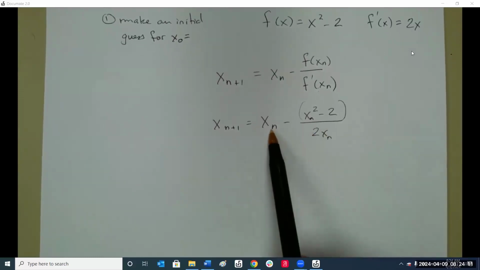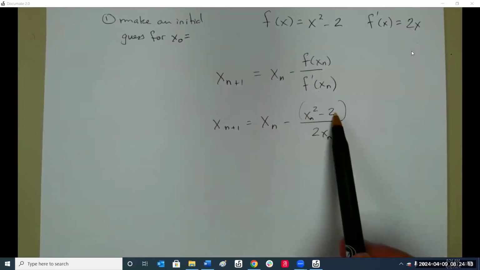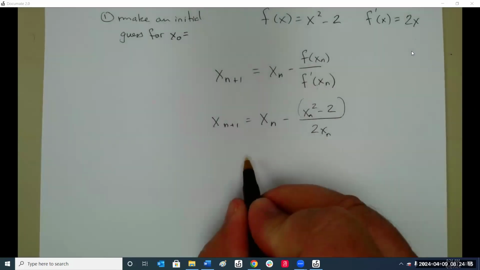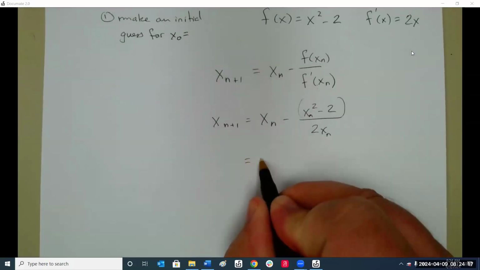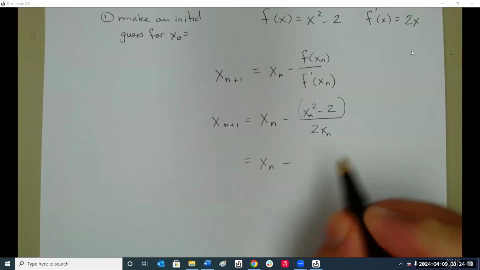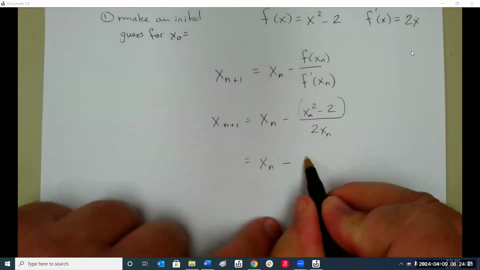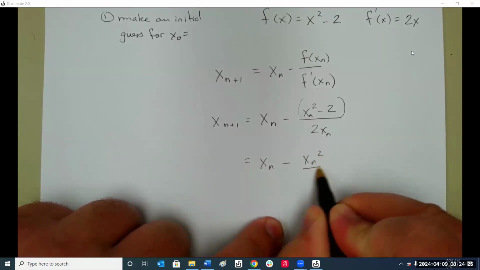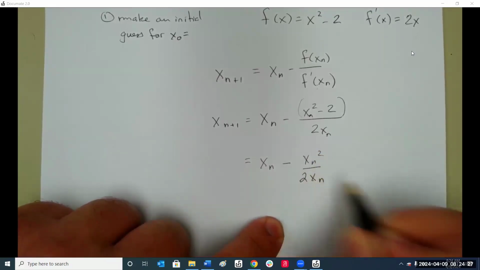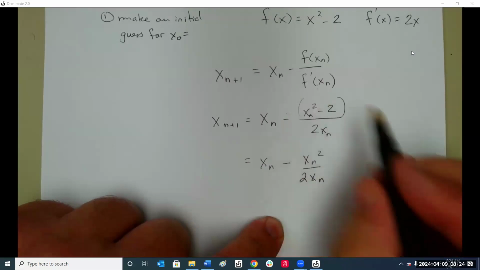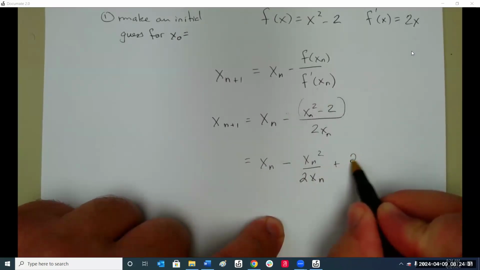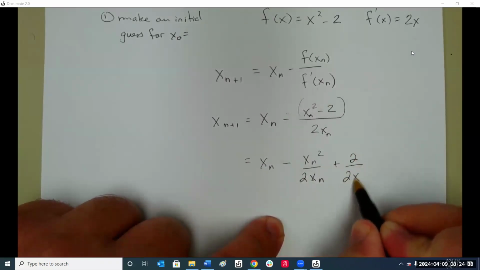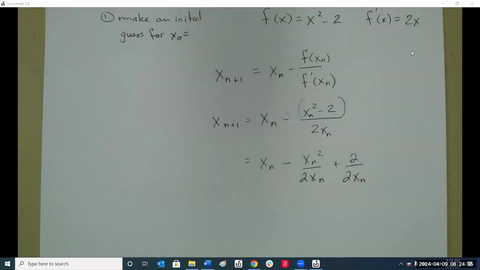Because we have an x sub n here, and these are x sub n's already, you could combine them there if you want. So I can have x sub n squared over 2x sub n minus, minus makes it a plus, 2 over 2 x sub n.